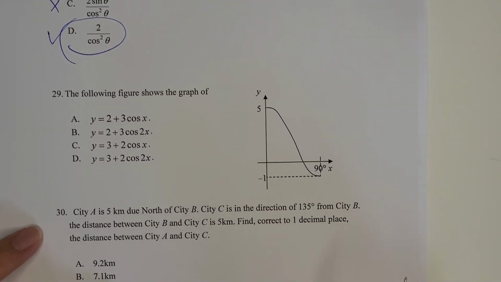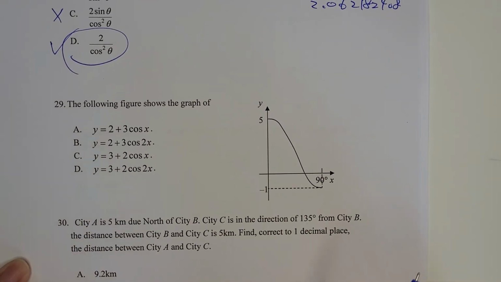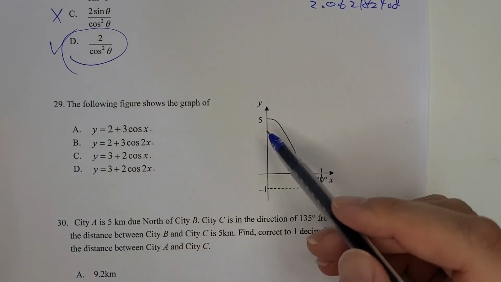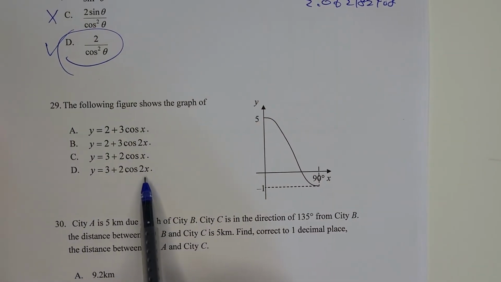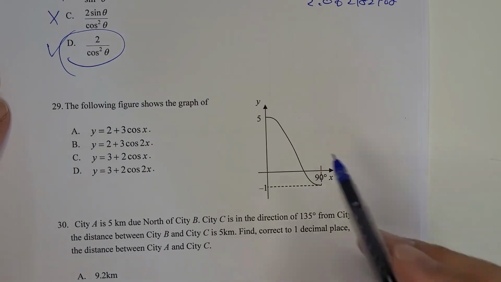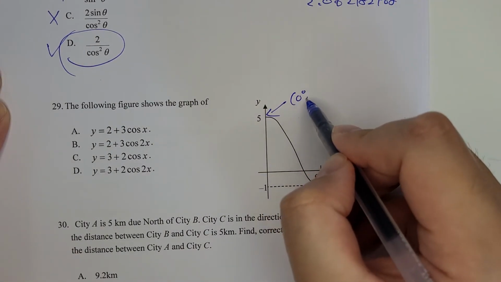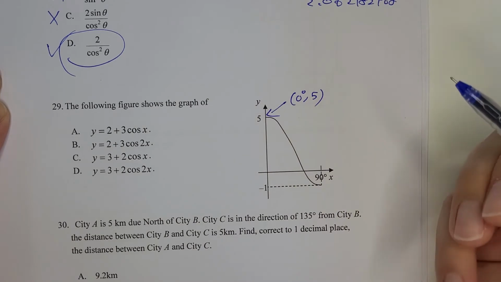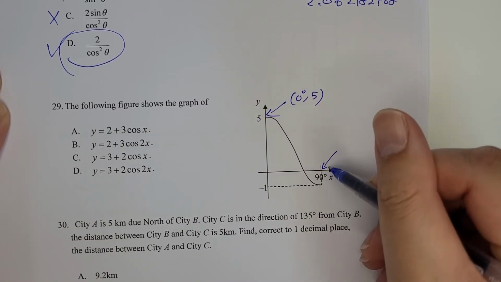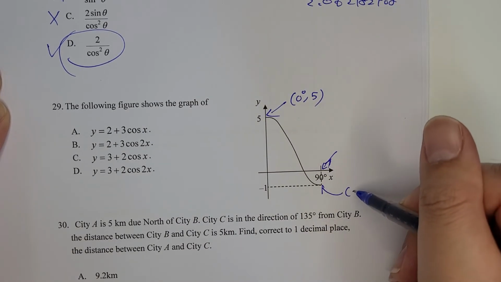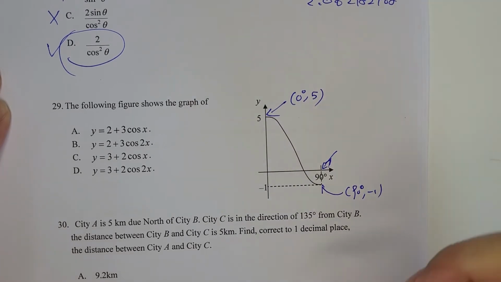And go to question number 29. The graphs, okay, should be A, B, C, D. Which one? You can check. This point, there's 0 degree 5. And this point, that is 90 degree -1.